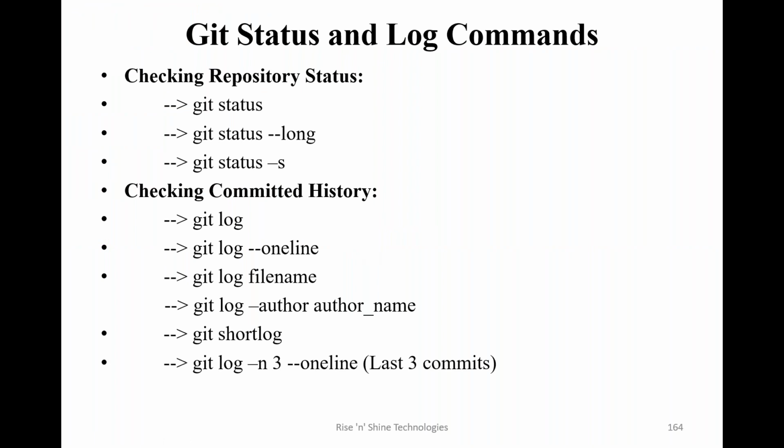Suppose here we have a total of 5 commits, but I don't want to see all the stuff. I would like to see the latest 2 commits, or latest 5 commits, or latest 10 commits. So how can we give the number of commits to see? git log -n and the number.